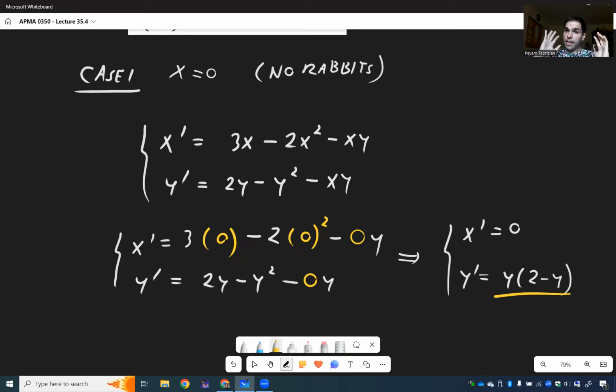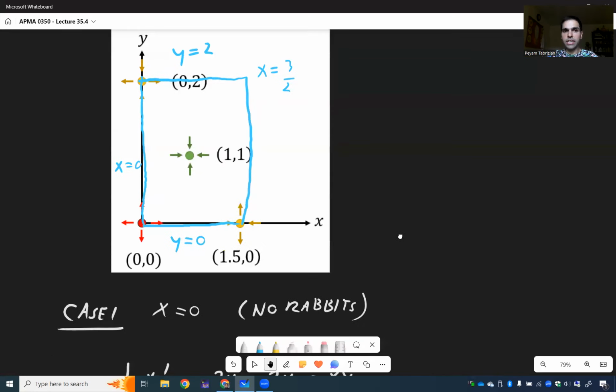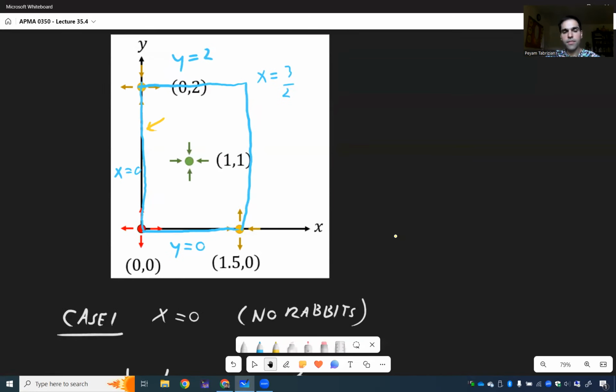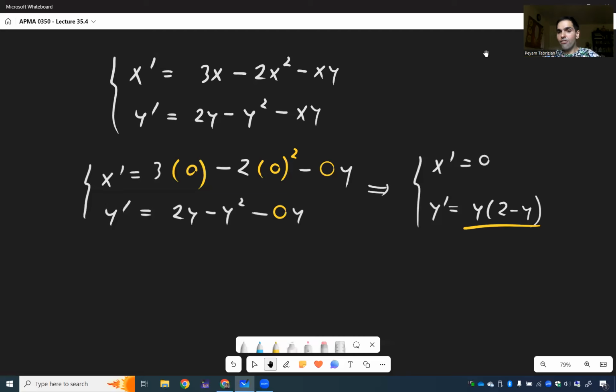However, in our region, in the box above, we can actually figure out the sign of y prime because y is positive and also less than 2. So in fact, if y is positive and less than 2, this means y prime is greater than or equal to 0, since y is between 0 and 2. Meaning that if there are no rabbits, then y will increase.